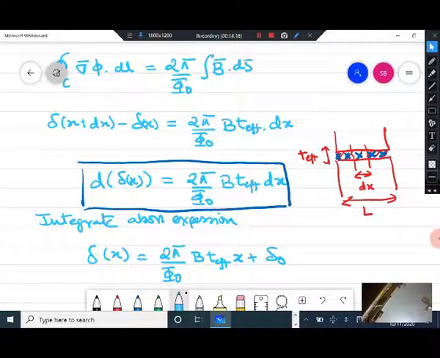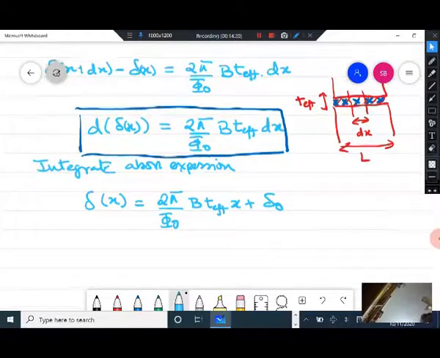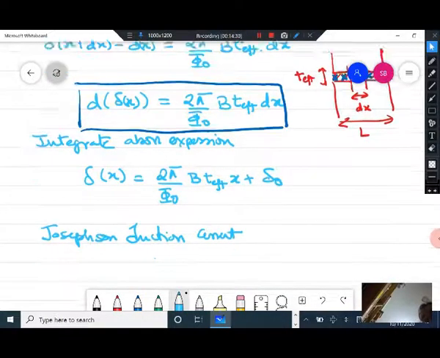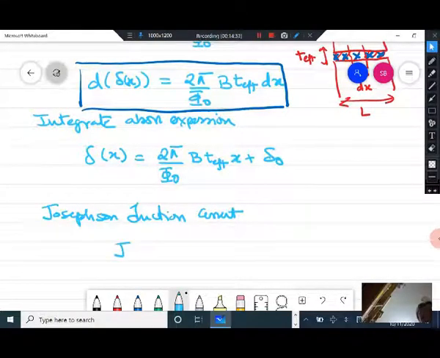So therefore my Josephson junction relation, my Josephson junction current J is equal to JC0 sine of delta.